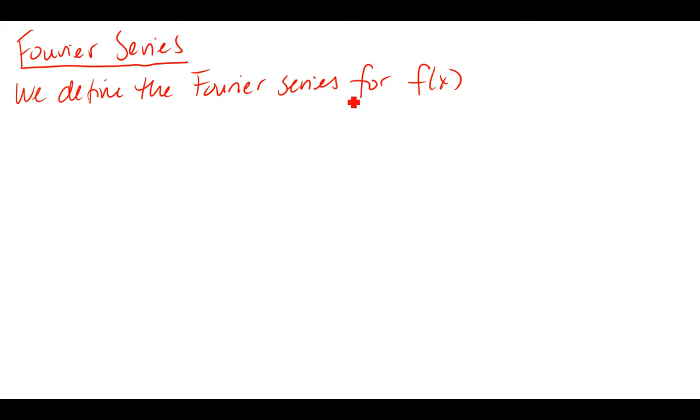So for any function f of x, we say it has a Fourier series expansion, or its Fourier series is given by the following stuff. So we have some initial term, a0, some number, and then we're going to add up.